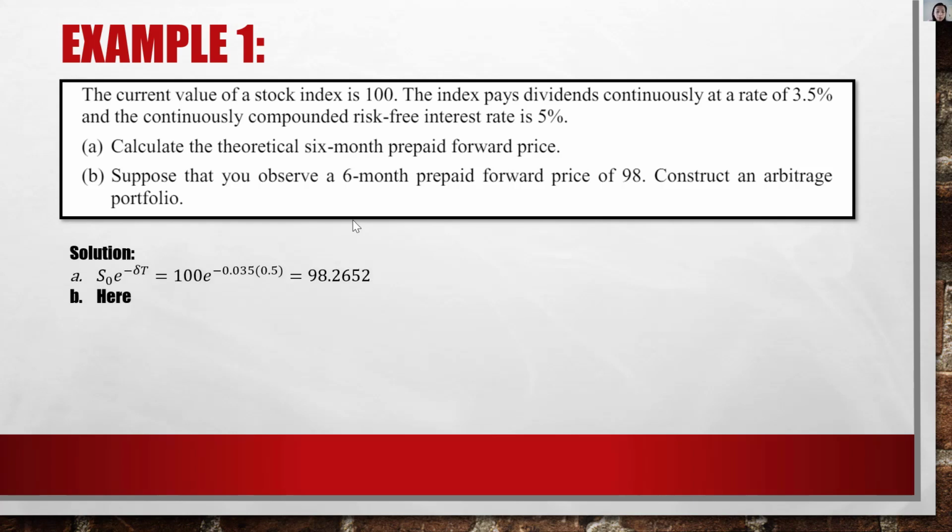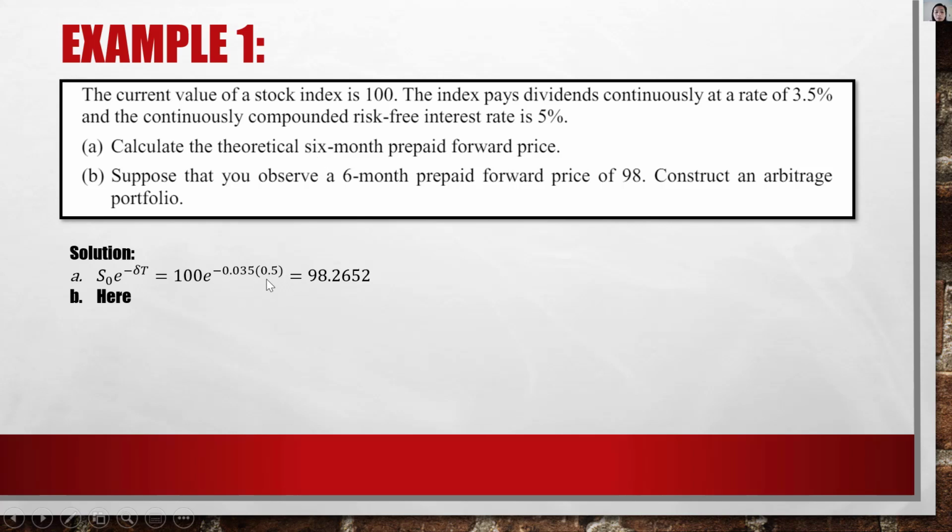So let's consider the first part. Remember, the current value of the stock index is 100. That means S0 is 100. And here we consider the index paying dividends continuously at rate 3.5%. So the initial cost should be S0 times e to the negative delta T. Here delta is 3.5%, and capital T here is 6 months, and 6 months is half a year, so T should be 0.5.